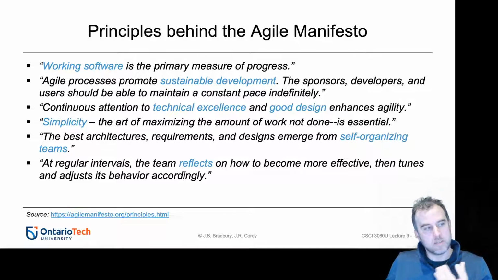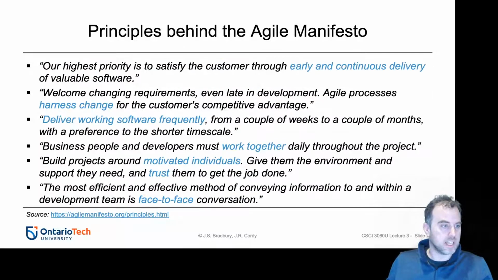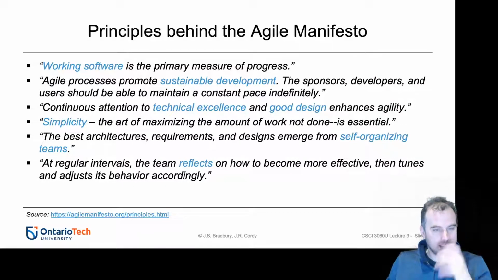So when we get to the practice level, we can talk about specific practices that they do to ensure that the meeting, and you notice they didn't actually say meetings in that last bullet here. It said the effective method of conveying information within a team is face-to-face conversation. They didn't say daily meetings. That's not what they're talking about. So we'll get to how they actually frame communication as being effective or progressive, as was mentioned in the chat here.